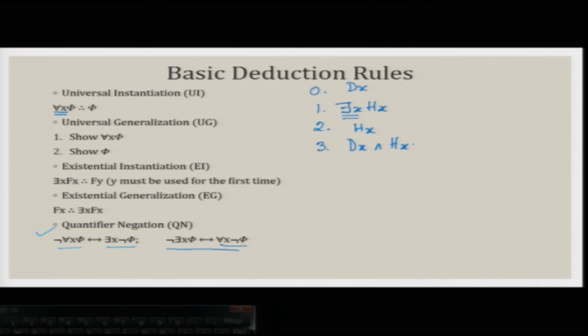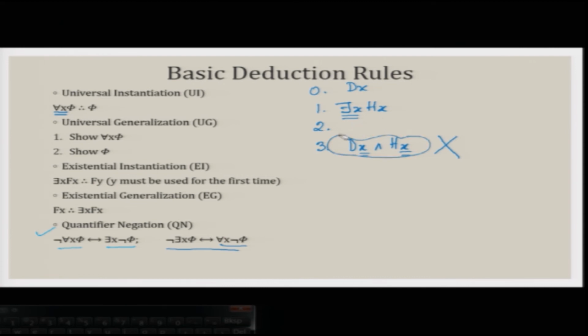How do I know that x is at the same time d and h? There is no way. I just said that there exists a human, and somewhere I know that d x, that is, x is a dog. How do I combine the two? I should not combine the two. So, I should not know anything about the variable I get here. If prior to getting it here I know anything about it, then my conclusions will be wrong.